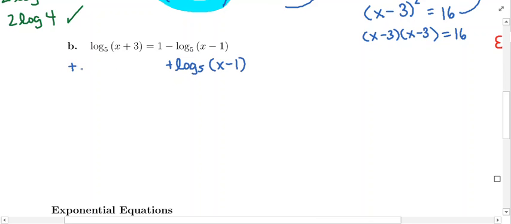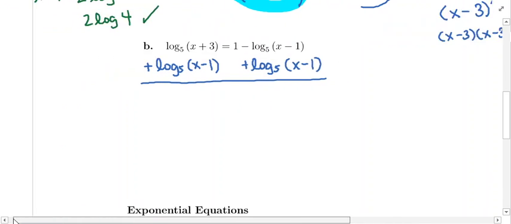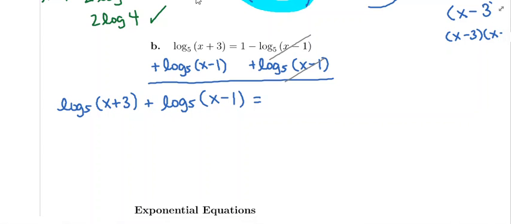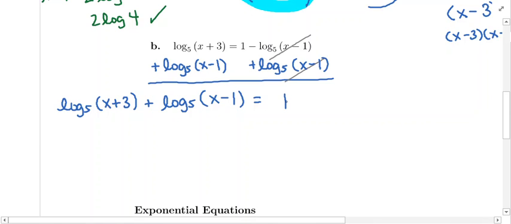That means the left side is going to become log base 5 of x plus 3 plus log base 5 of x minus 1 is equal to, on the right side, this cancels with this, so we're just left with the number 1. So now we have two logarithms on the left, just a number on the right.